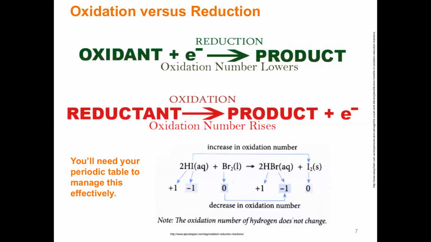Now, the other rule is that if you see hydrogen or oxygen in a compound, if you see straight up hydrogen, it's going to be an element again, 0. But if you see hydrogen in a compound, its oxidation number is going to be +1. And oxygen, if you see straight up O2, it would be an element, so it would be 0.